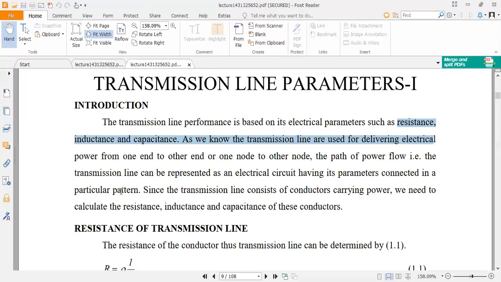What is efficiency? Efficiency is a mathematical term which can be described as the ratio of output power to input power. Efficiency of any circuit can be expressed in percentage form, and it can be up to 100%.